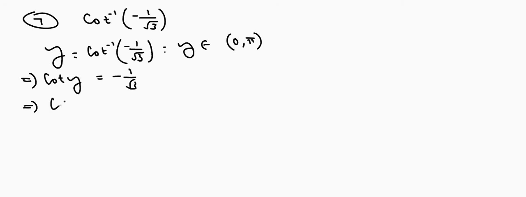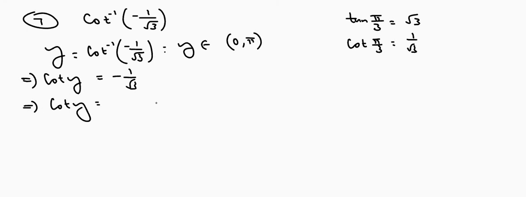Consider cot theta equal to 1 by root 3. Then tan theta is equal to root 3, so theta is 60 degrees, that is pi by 3. Tan 60, tan pi by 3, is equal to root 3. Then cot 60 is 1 by root 3, and minus 1 by root 3 we can write as minus cot pi by 3.